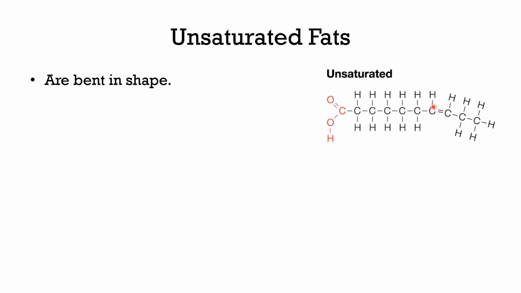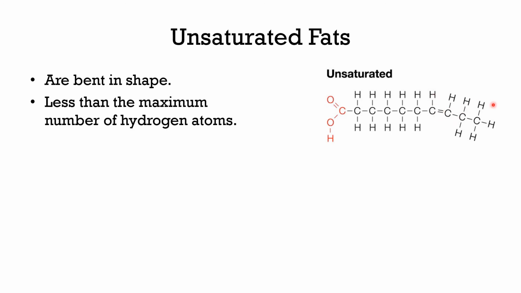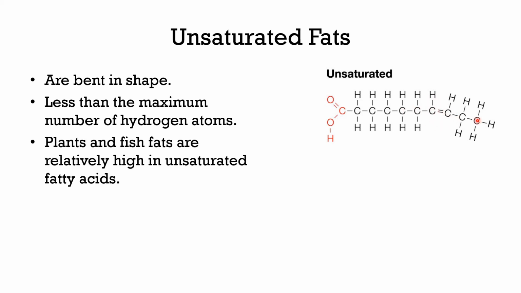Now this double bond causes a bend in the shape, so it's no longer a straight line. That bend is going to make this behave very differently. So remember, structure and function. How it's structured will determine how it functions. So it has less than the maximum amount of hydrogens on its carbon tail. Okay?